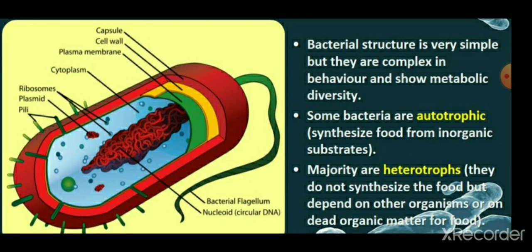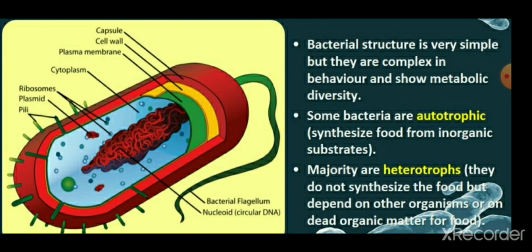In the cytoplasm, ribosomes and plasmids are embedded, and on the outer surface the pili are also present, and one long flagellum is present, which is called the bacterial flagellum. The DNA is circular, so we can say it is the nucleoid.